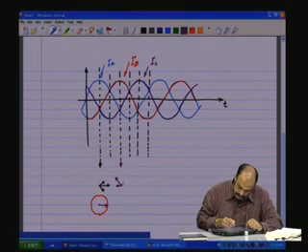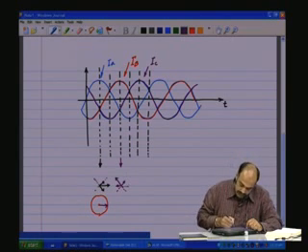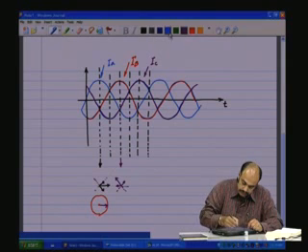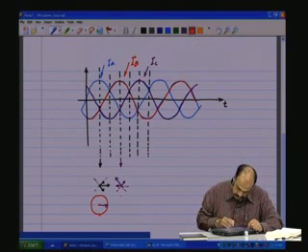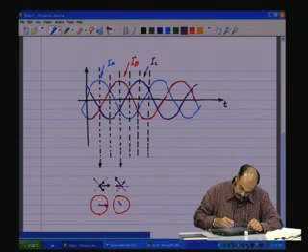You see that the mechanical axis directions are always the same, only positive and negative. So which means now the resultant flux is shifted, and it is shifted like that.